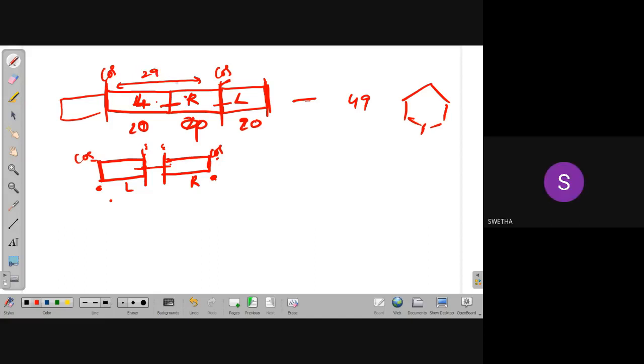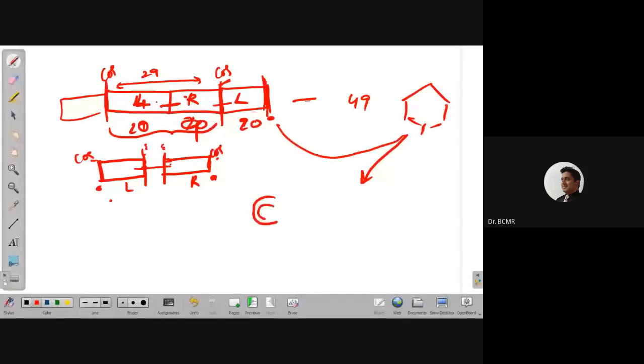So it doesn't matter if this one has formed also. It will still count this one only. Even if it is formed by mistake, when it is forming a concatemer, what would the size be? Again, you will have cos site to cos site, which is 29 kb.